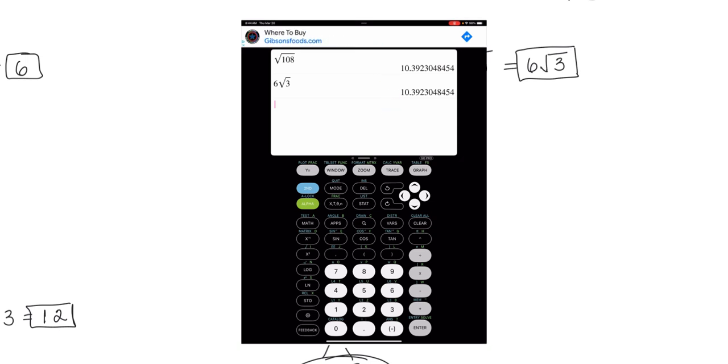We have simplified properly. Okay, so make sure you're doing this to make sure that you're getting the correct answer. They should give you the same decimal. And then, of course, like the square root of 49, you can just plug that into your calculator. You should see 7 because that is a whole number. So you only need to check the original and simplified if it gives you a decimal and does not simplify to one whole number.